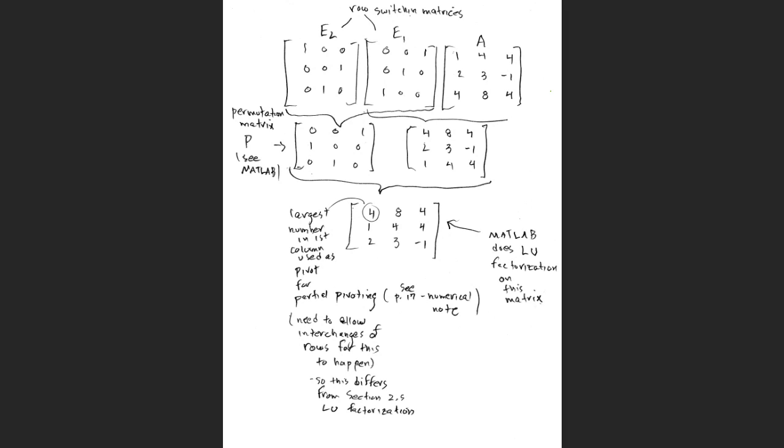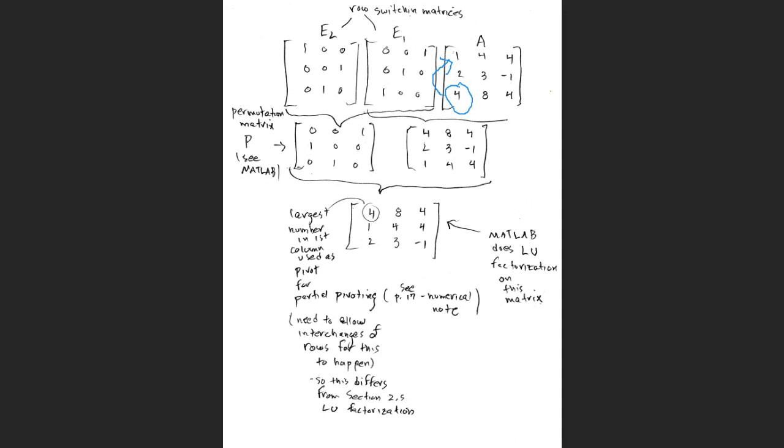Now, the matrix A, we want in the matrix A here the number 4 in the first column to be the pivot. So we want that to go to the top, to use as our pivot to produce zeros in the first column.